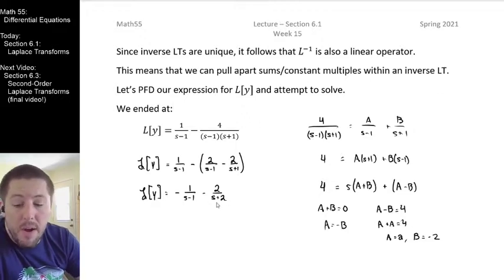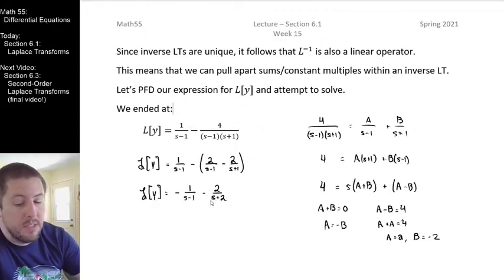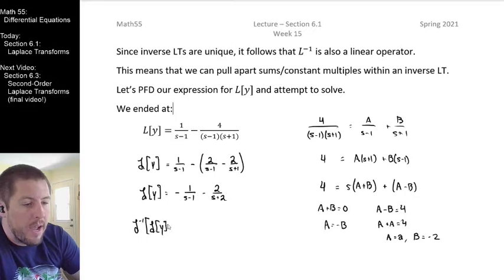And so now I'm going to take my inverse Laplace transform right here. So now I'm going to do an inverse Laplace transform of the Laplace transform of y. That's just going to give me back y right here. I'm going to take the inverse Laplace transform of this whole side over here.